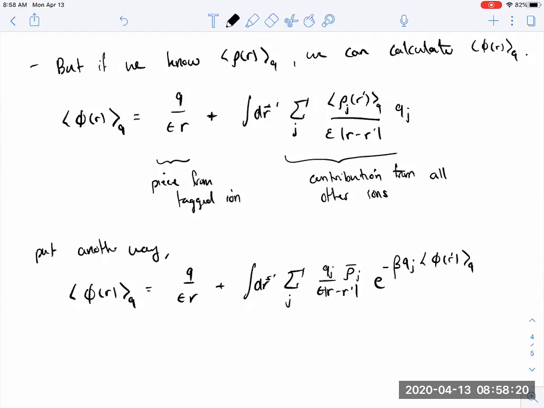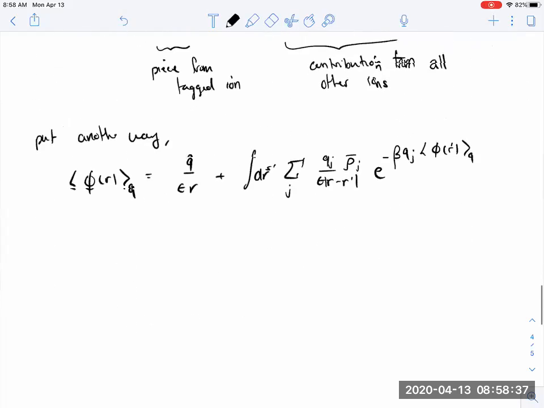And in mean field theory, instead of averaging that exponential, we have an exponential of the average. We've replaced the fluctuating field by just its average value. This is something known as the Poisson-Boltzmann equation.